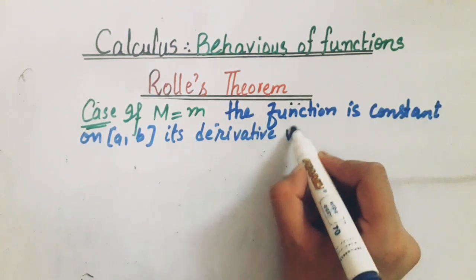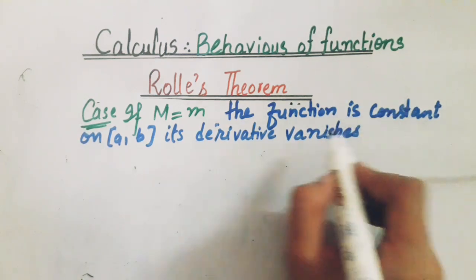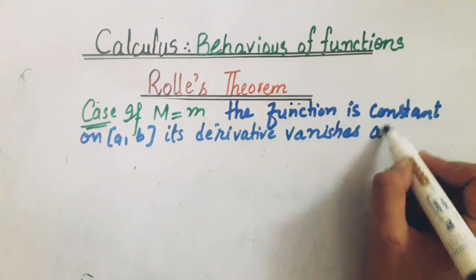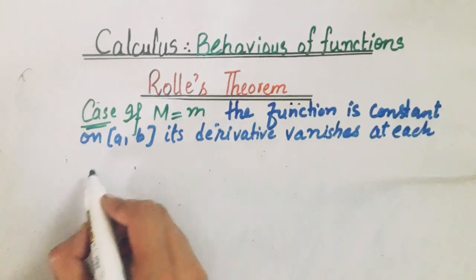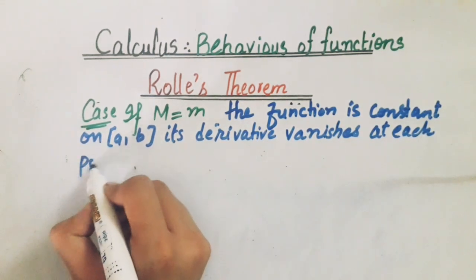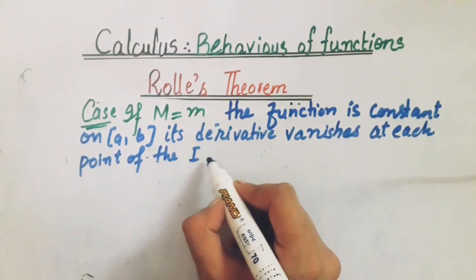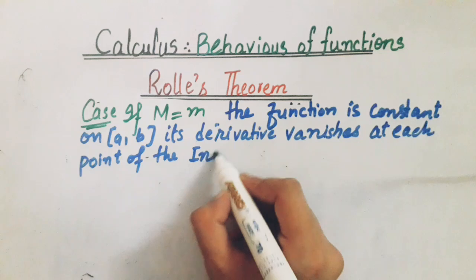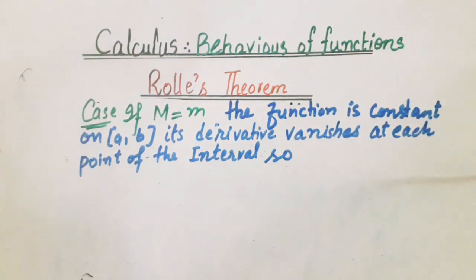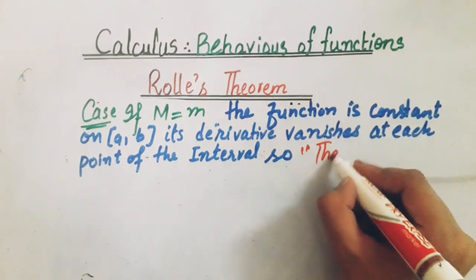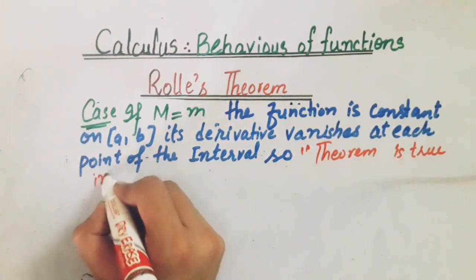Derivative vanishes because the derivative of a constant function is always 0 at each point of the interval. So it vanishes at each point of the interval. So we will say the theorem is valid. Theorem is true in this case.